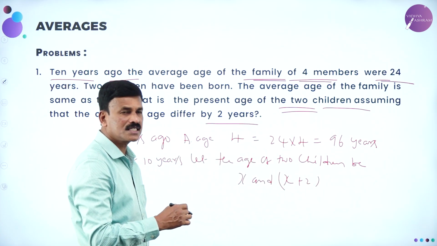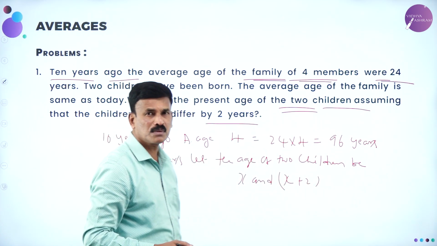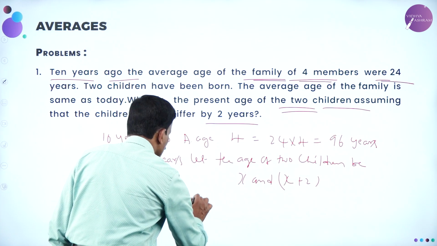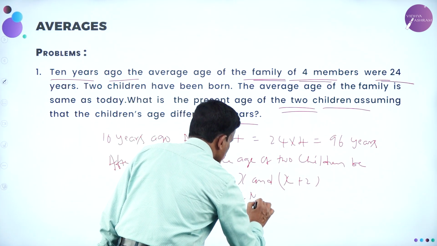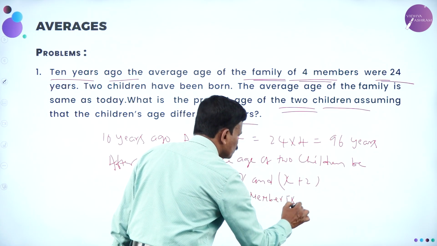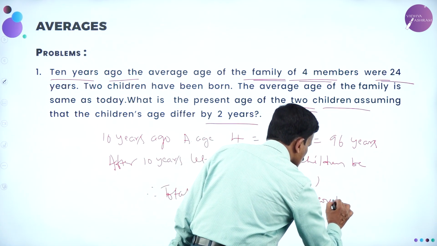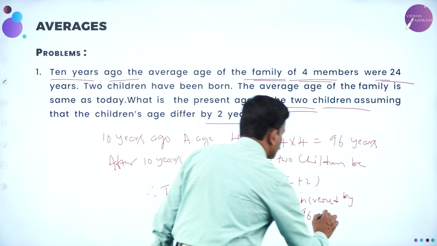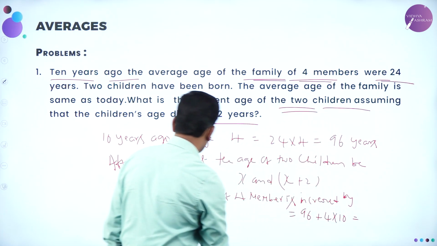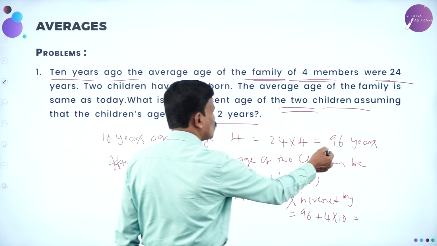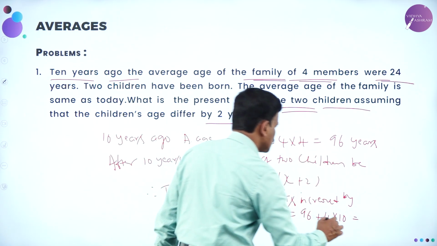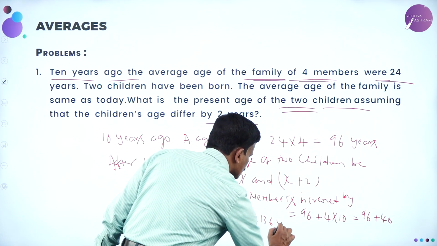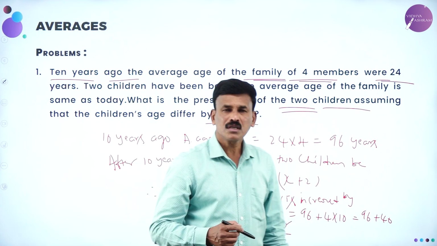The total age of the 4 members is increased by 4 into 10, so it is 96 plus 4 into 10, that is 96 plus 40. What is this equal to? This is equal to 136 years, right? Now let us take all the sum.